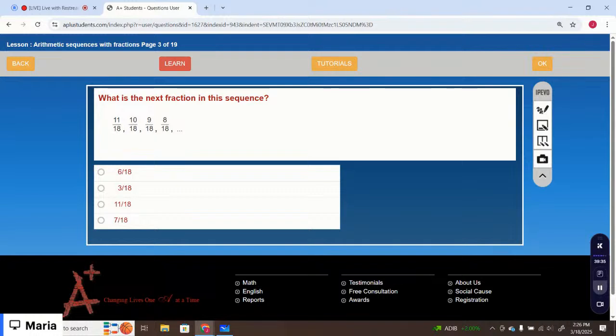What is the next fraction in the sequence? 11 by 18, 10 by 18, 9 by 18, 8 by 18. So which is the next one?